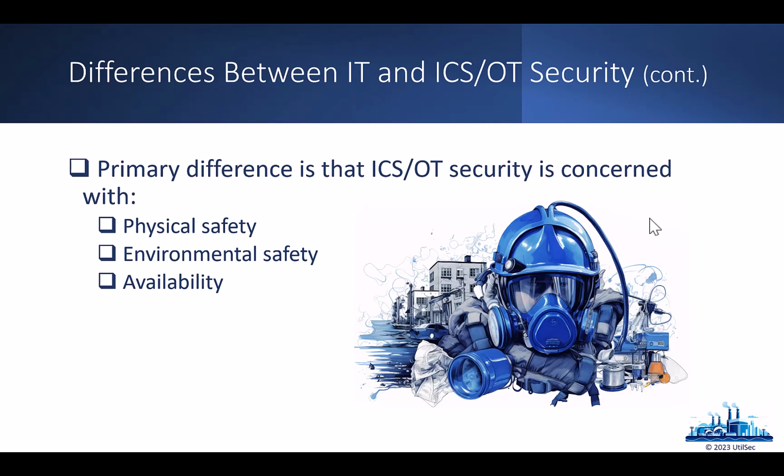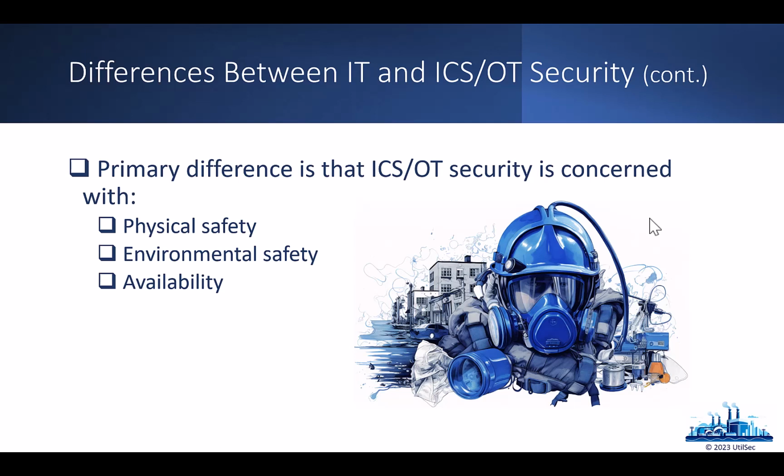The end. Now we also talk about environmental safety. There's a concern of what would happen if you had a power plant or, let's say, a petrochemical facility and there was an explosion at that petrochemical facility. How would it impact the environment around it?